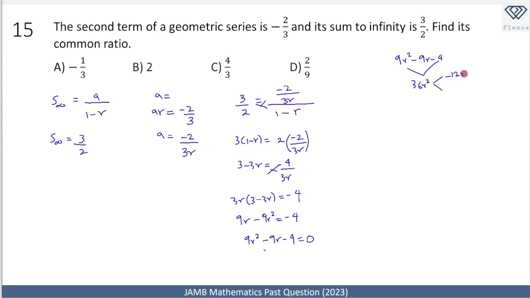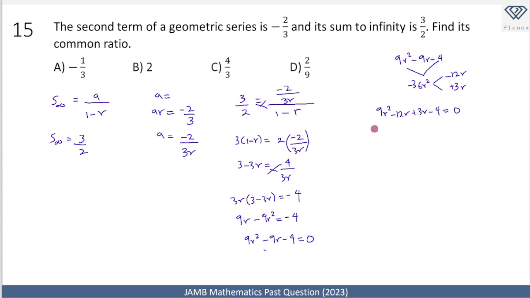And that will be minus 12r and plus 3r, because minus 12 times plus 3 is minus 36, and minus 12 plus 3 is minus 9. So I can replace the middle term with this broken down number. So I have 9r squared minus 12r plus 3r minus 4 is equal to 0.